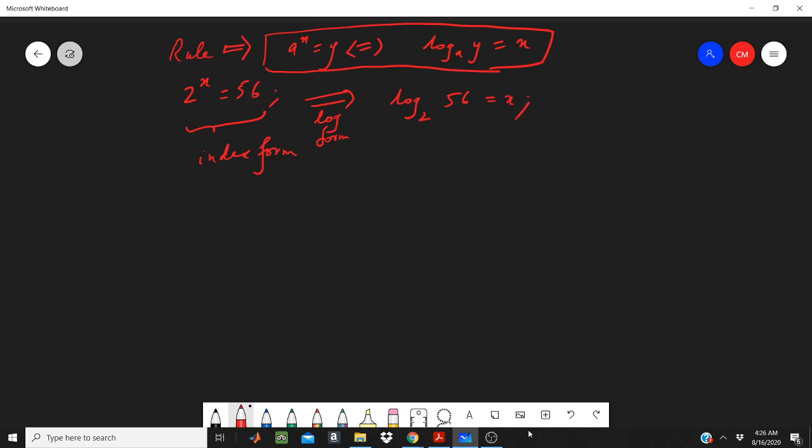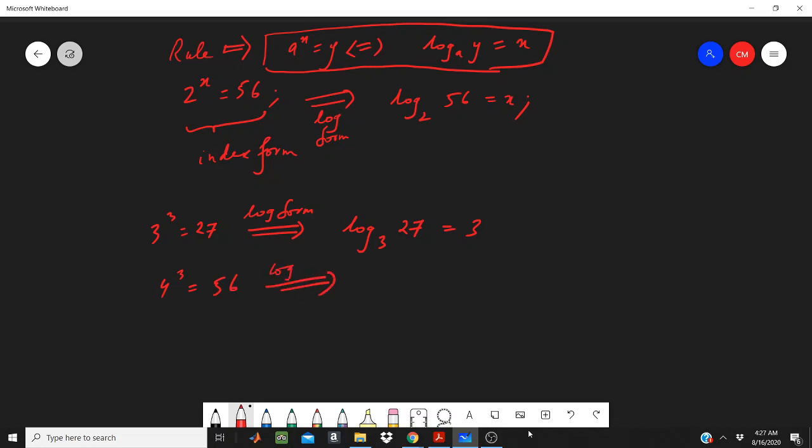Another more relatable example would be 3 raised to power 3 equals 27. You can write this in log form as log base 3 of 27 equals 3. Another example would be 4 raised to power 3, and that's just 16 times 4, 64.